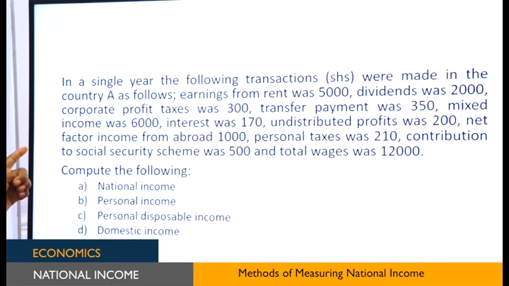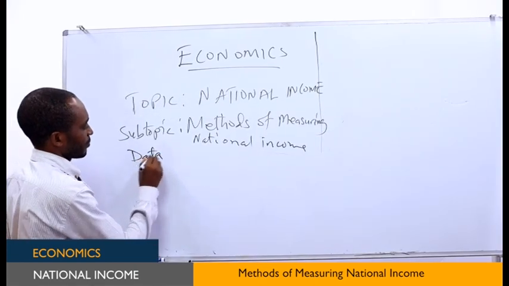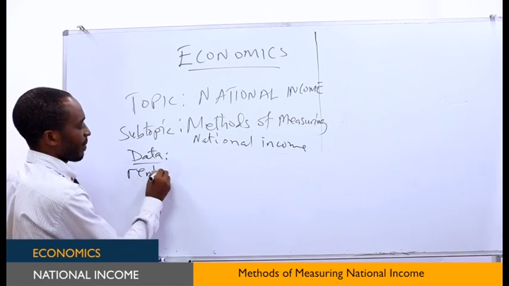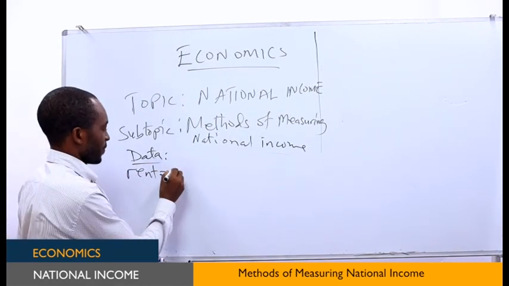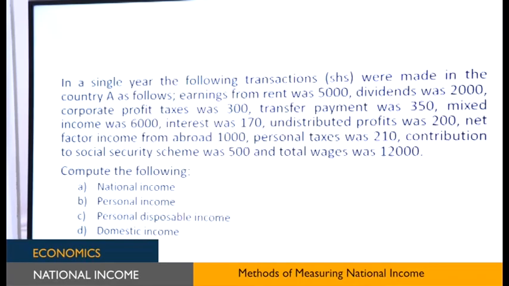We are given that in a single year, the following transactions in shillings were made in country A. Earnings from rent equals 5,000. Dividends equals 2,000.